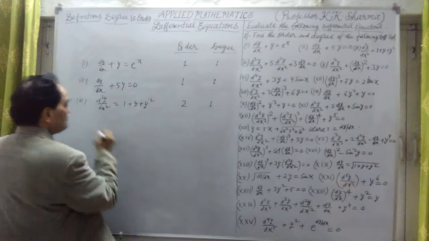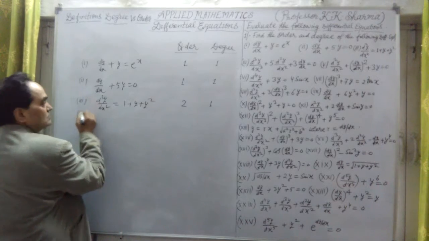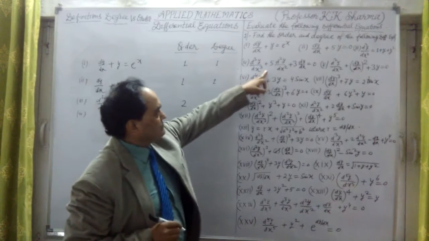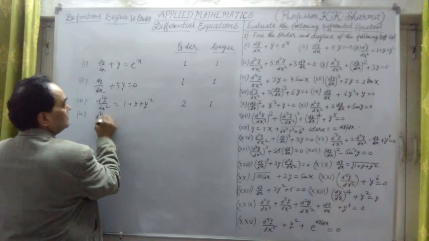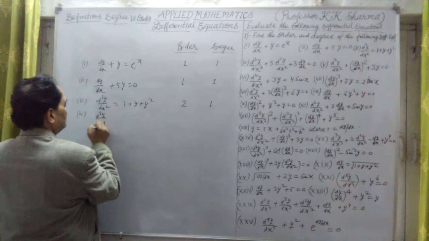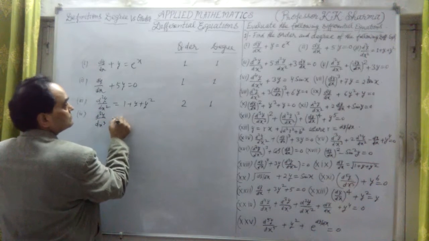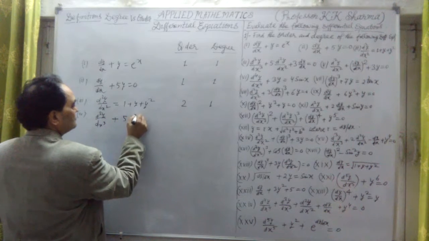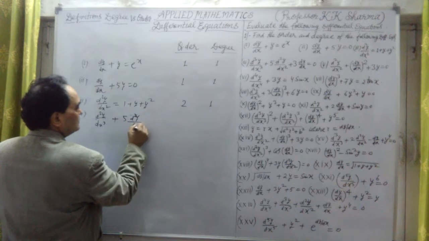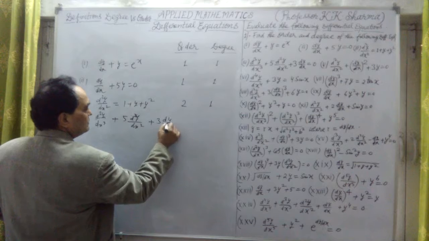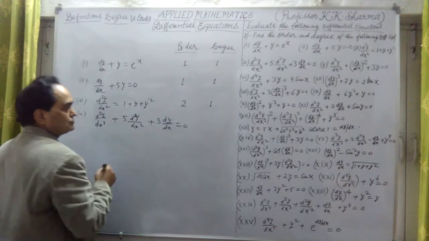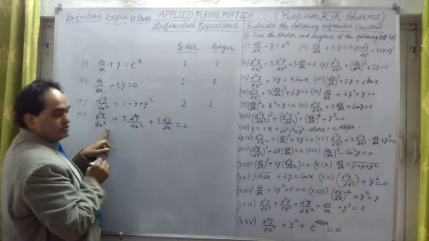Simple. Let me take the fourth. Question number 4 is this. Let me first write it: d³y/dx³ plus 5 d²y/dx² plus 3 dy/dx equal to 0. What is the order here?